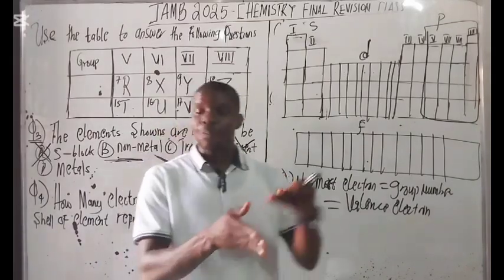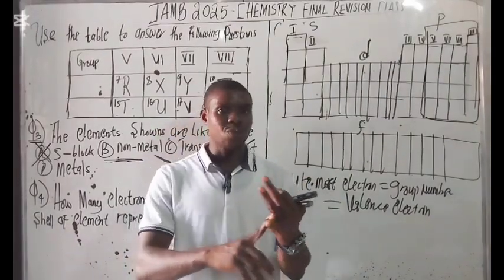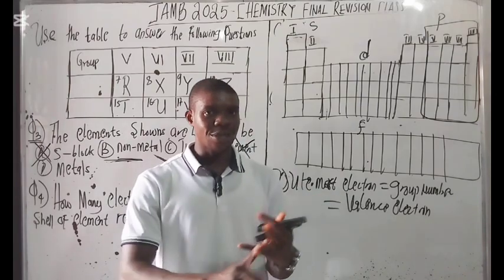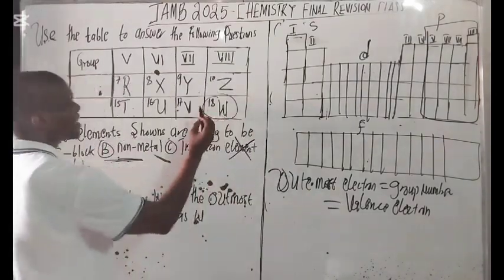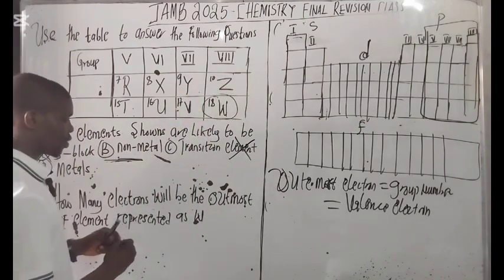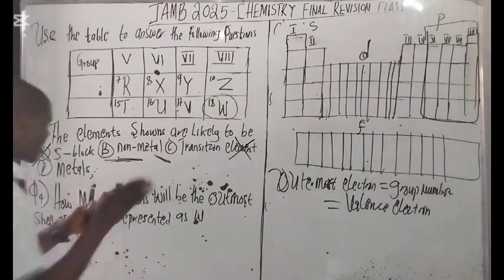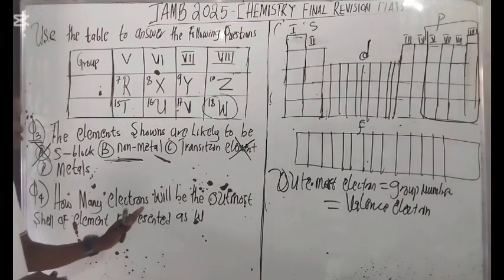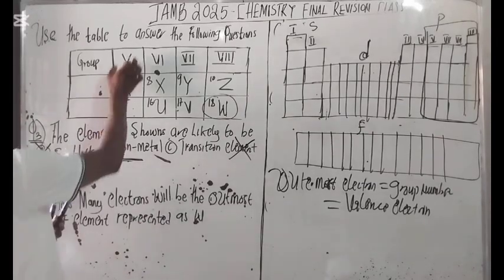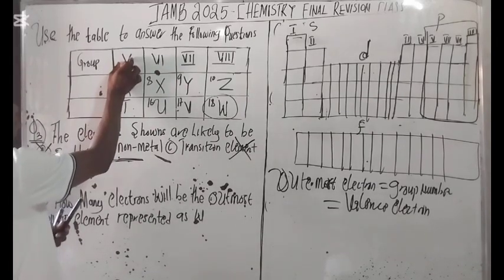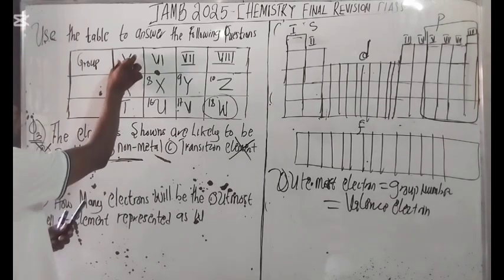Now, elements in group 8, their valence electron is 8, while the outermost electron is 8. If you look at W here, W is in group 8. So the answer is going to be 8. How many electrons would be in the outermost shell of the element represented by W? Now, here we have all these elements. R and T are in group what?